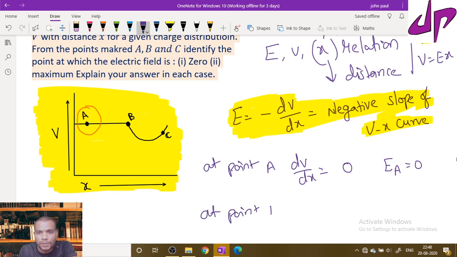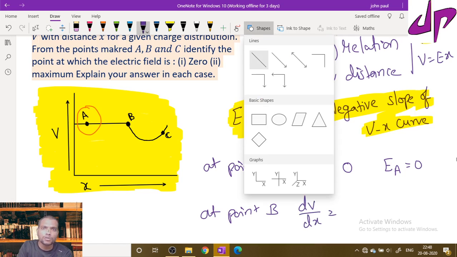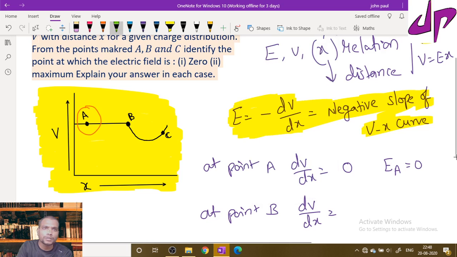Now at point B, dV by dx. Here you can see at point B, if you draw the slope, it has a downward slope, and the slope is increasing.